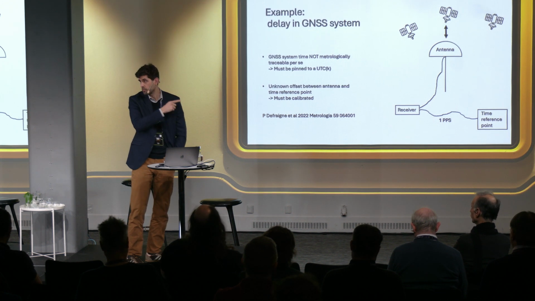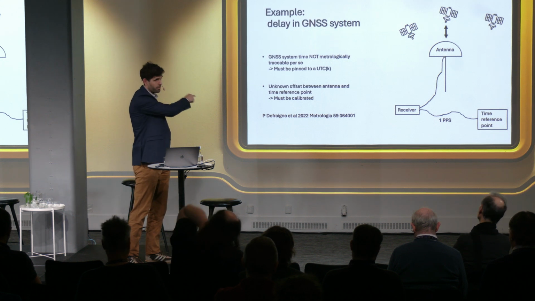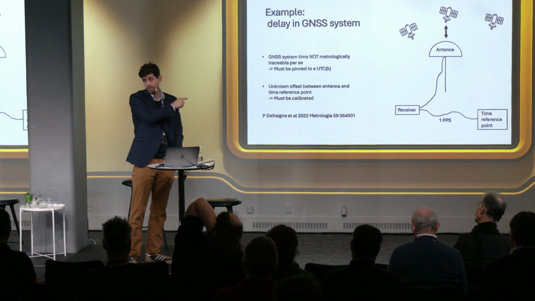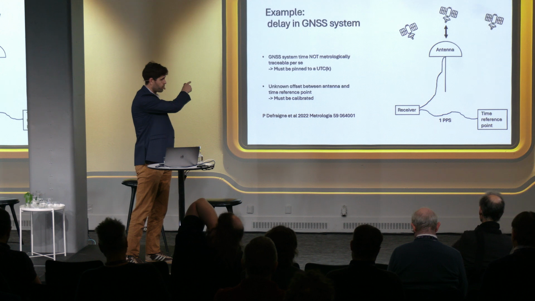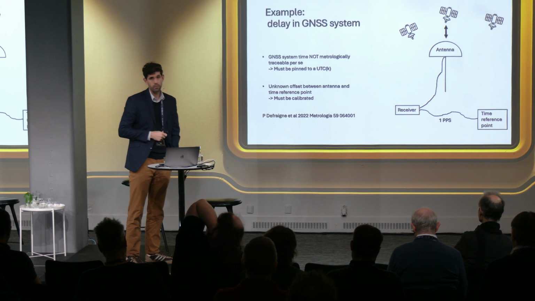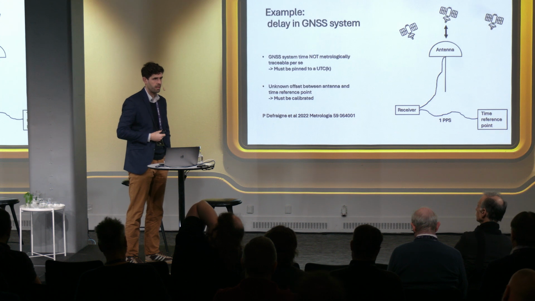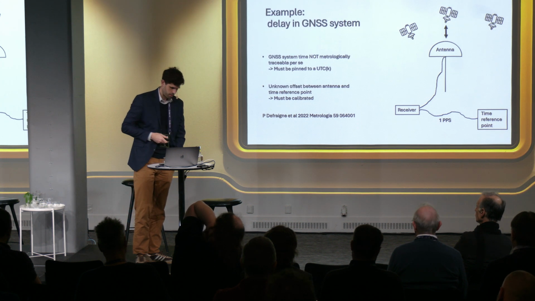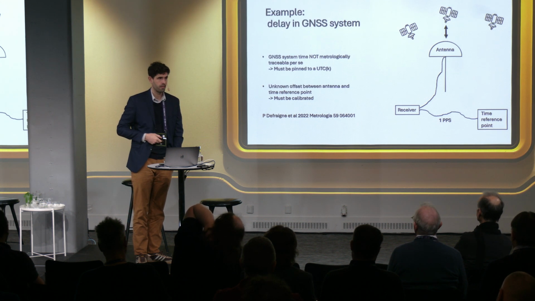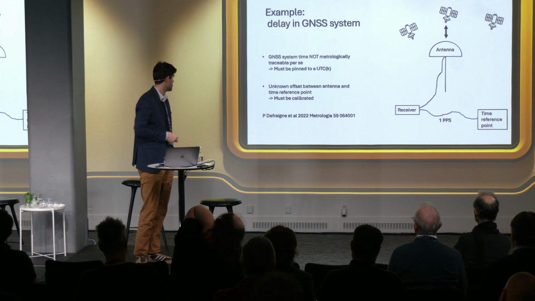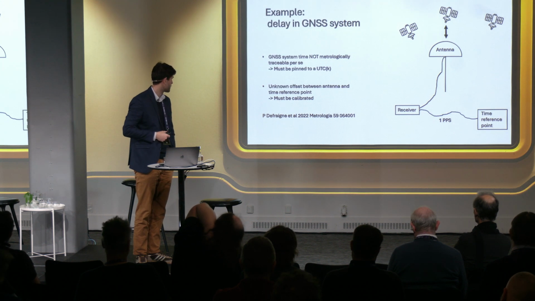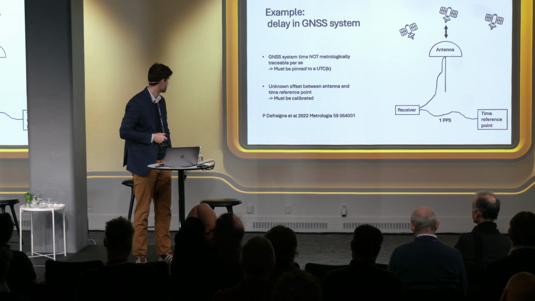What you need to do is calibrate the difference in time from the antenna to the reference point. That is the calibration, and it can be done by an accredited laboratory, or by us, an NMI. There is a good paper on this in Metrologia. I have a citation here.